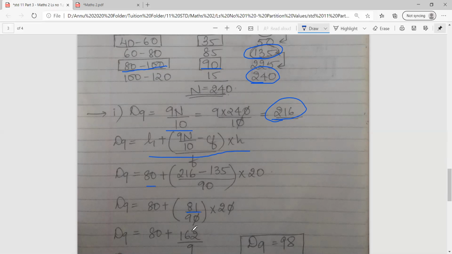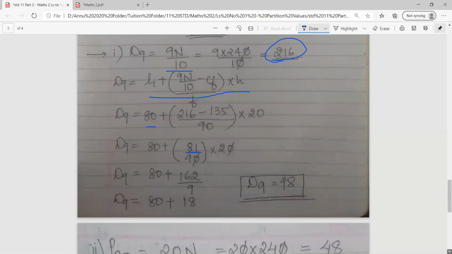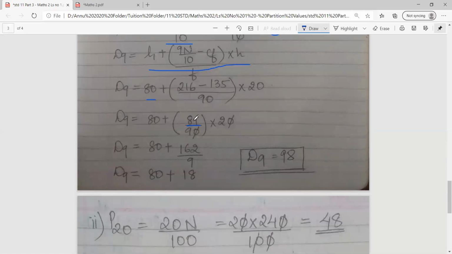So I've cancelled both the zeros over here and 9 nines are 81 can be cancelled. Then 9 twos are 18. I have multiplied 81 into 2 which gives 162 by 9 which gives you 18. On adding I get the value of D9 to be 98.